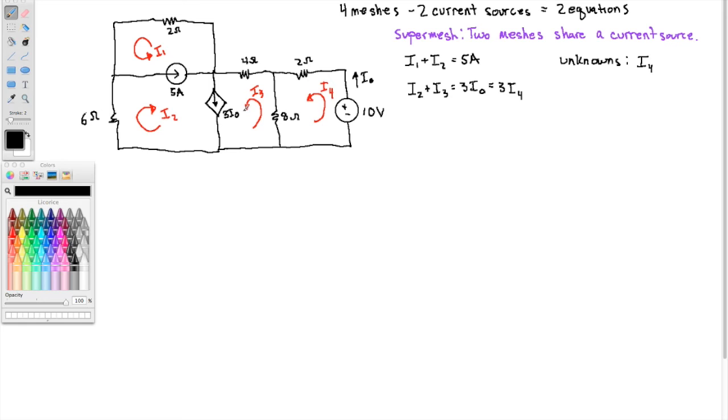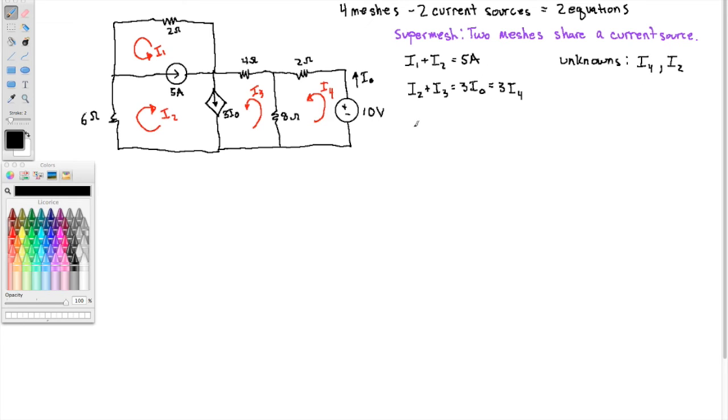I think the choice here should be I2 because it appears in both of these relationships. In other words, we know how I2 is related to I3, and we know how I2 is related to I1. So let's make I2, the one that's shared between these two, the other unknown.